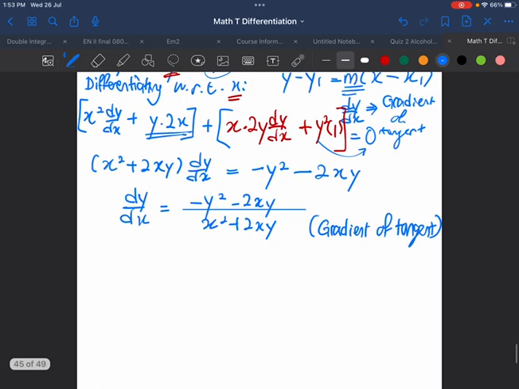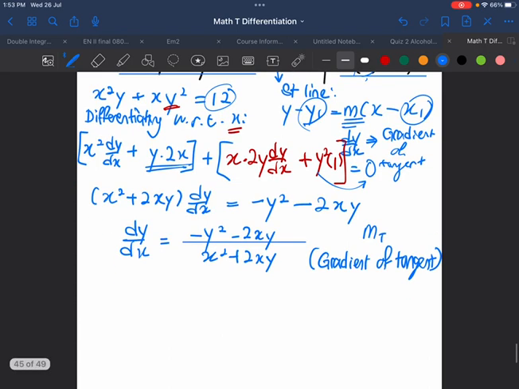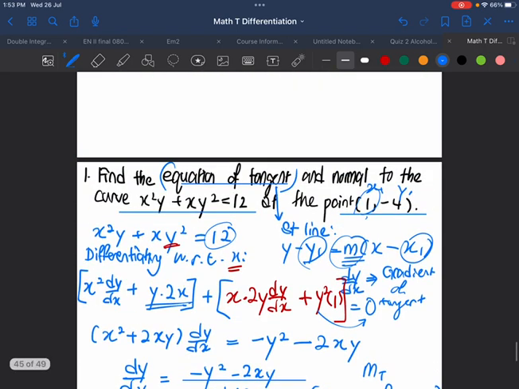Now we have the y1, we have the x1 ready, so I have the m ready, so I can straight away deduce the equation of tangent.